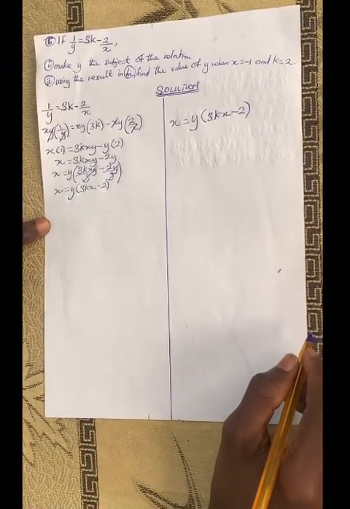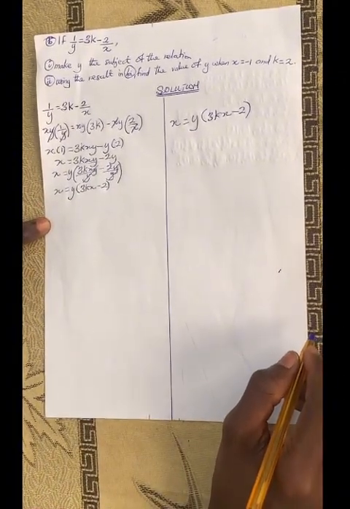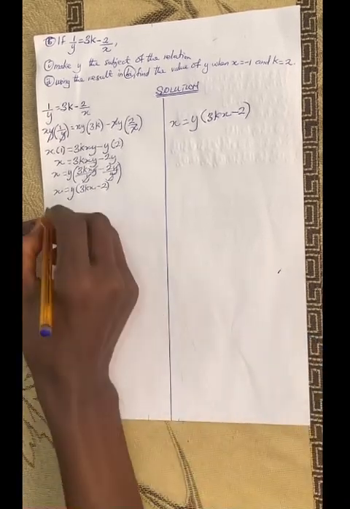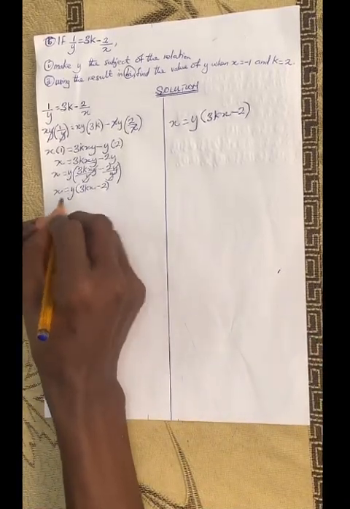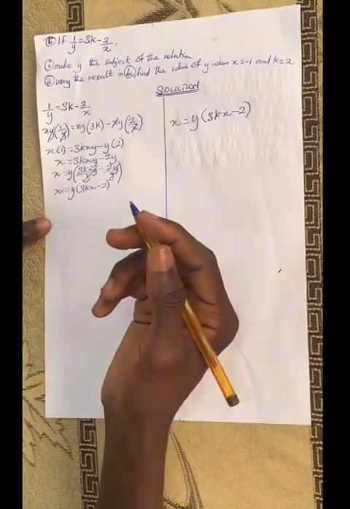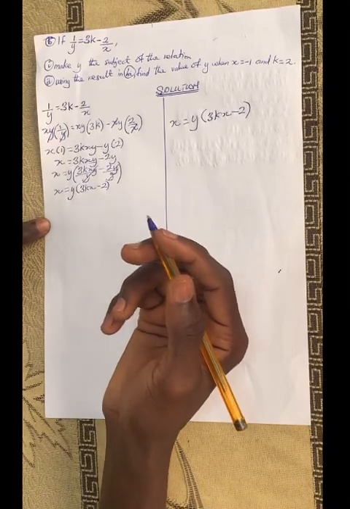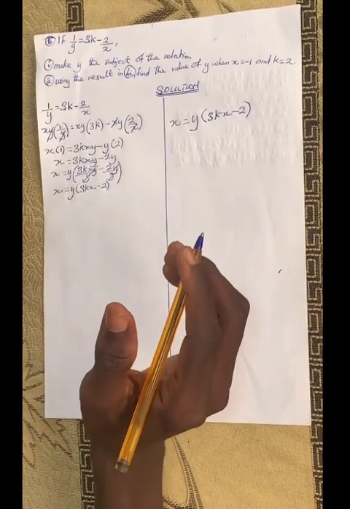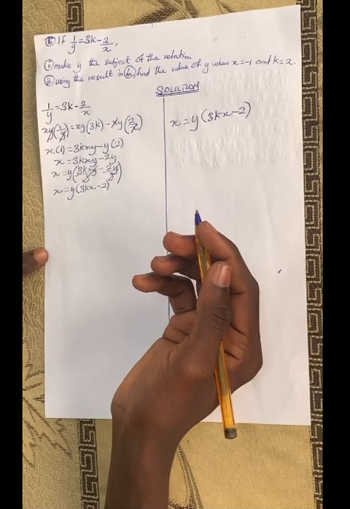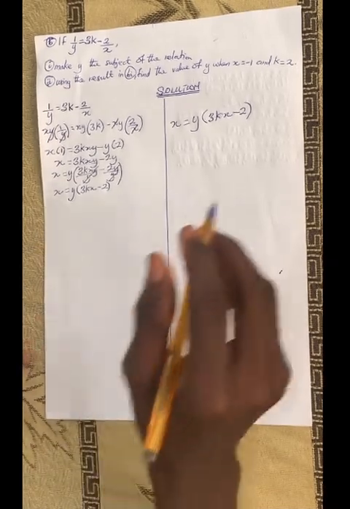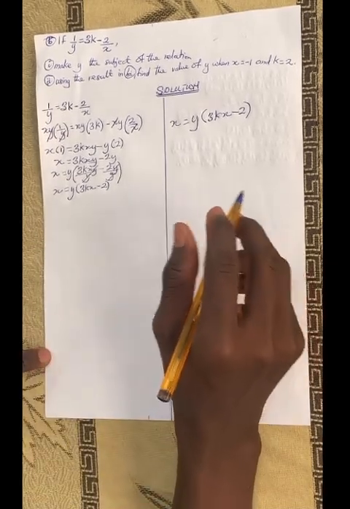Now, we are supposed to make y the subject of the relation. What do we do? We divide both sides by the coefficient of y. When I say coefficient of y, what I am referring to is basically whatever is attached to the y. In this case, we have in brackets 3kx minus 2 attached to the y.